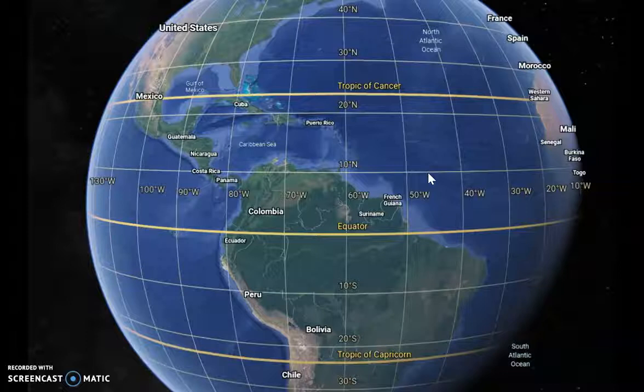The moment a tropical storm intensifies with wind speed exceeding 119 kilometers per hour, it becomes a full-blown tropical hurricane.